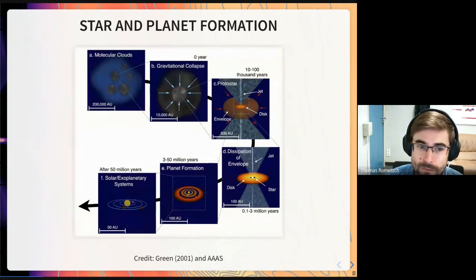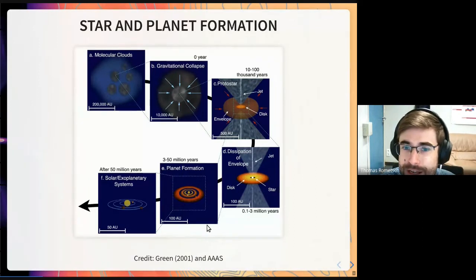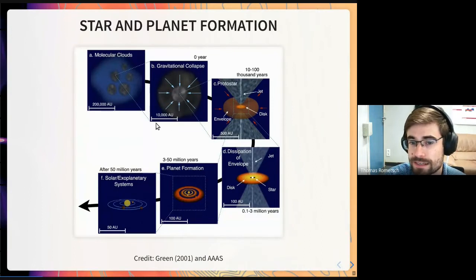This is now one of the many sketches of star formation showing the different stages in the process. And I just took this from, I think it's the American Association for the Advancement of Science here. And it tells us the approximate timing and the approximate scale of the process here.